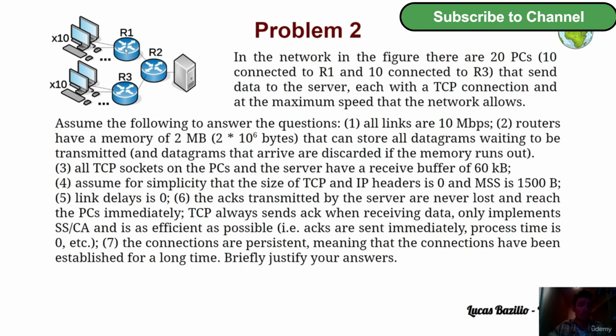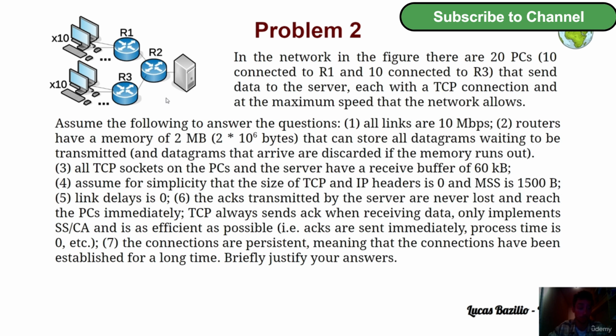Keep in mind that all of the PCs are transmitting data to this server: the 10 PCs over R1 are transmitting information to the server, and also the 10 PCs over R3. What is going to happen? Remember the first assumption, all links are 10 megabits per second.